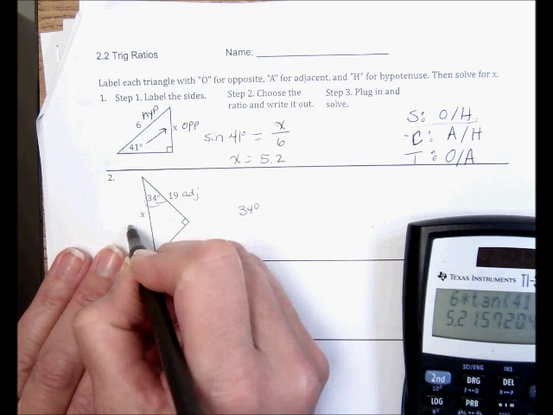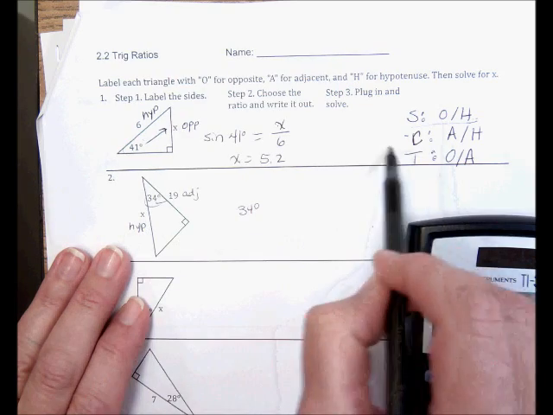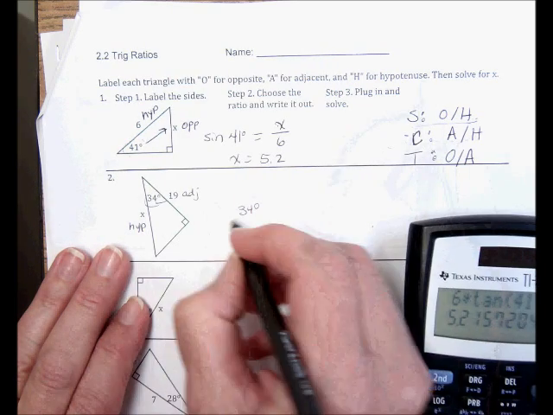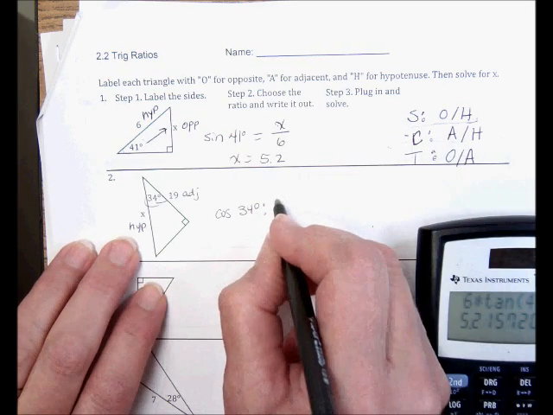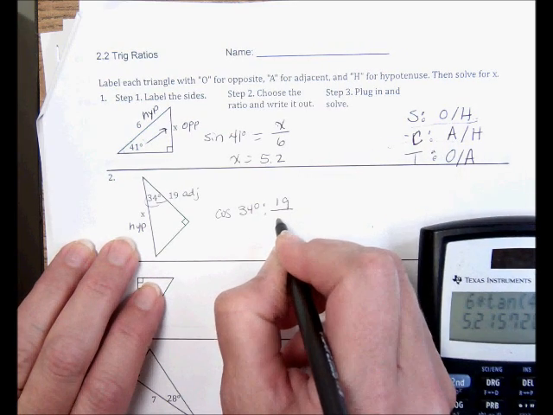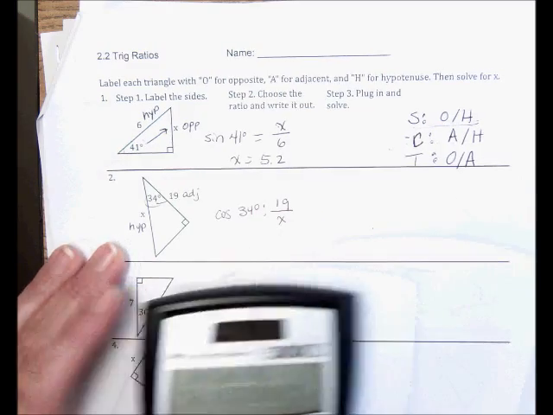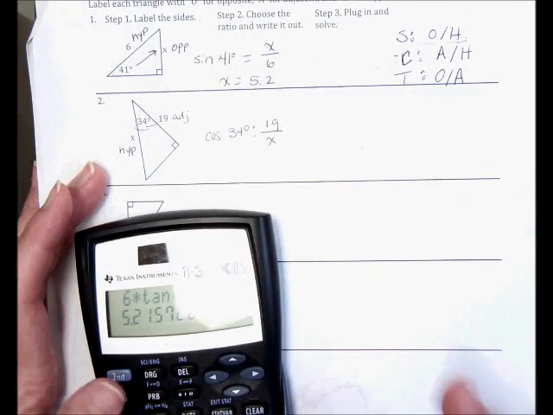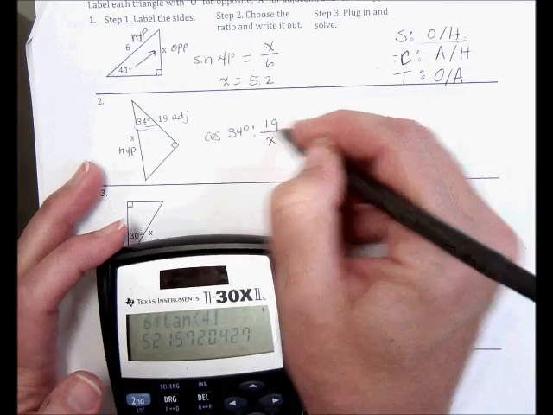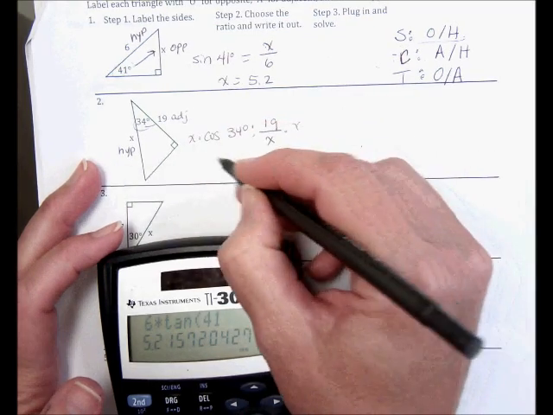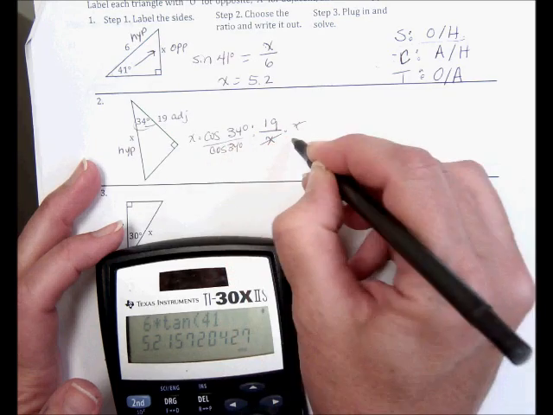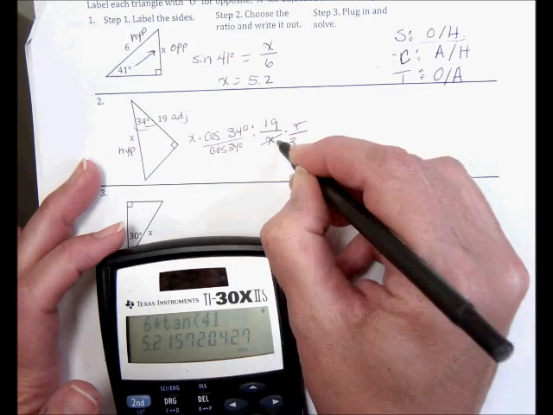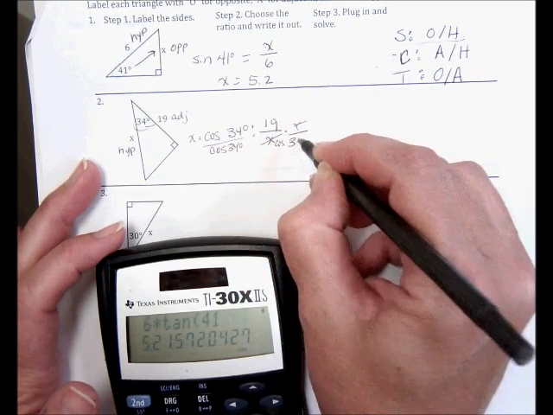The next one I have is 34 degrees. In this case, I have to see what my relationship for 19 and x is. 19 appears to be adjacent, and x is the hypotenuse. So cosine is the relationship that compares adjacent and hypotenuse. So I have cosine of 34 degrees equals 19 over x. For this one, it's a little bit different than the one before.